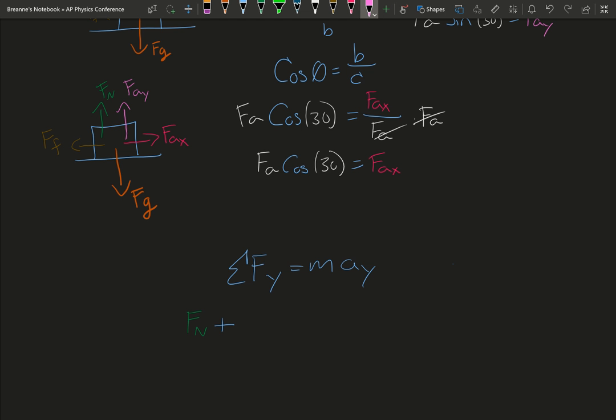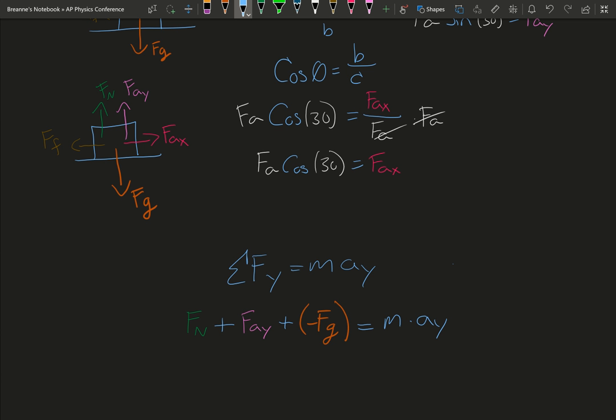Force applied in the Y, which again is positive. Our force of gravity, which would be negative because it's going down, equals our mass times our acceleration. So that would be our equation.